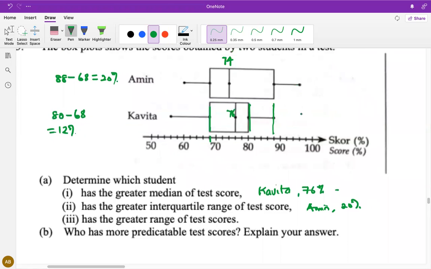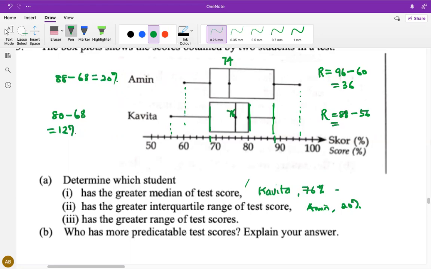So you can see range. So the range here is 96 minus 60. So it's 36. So the range for Kavita is 88 minus 56.